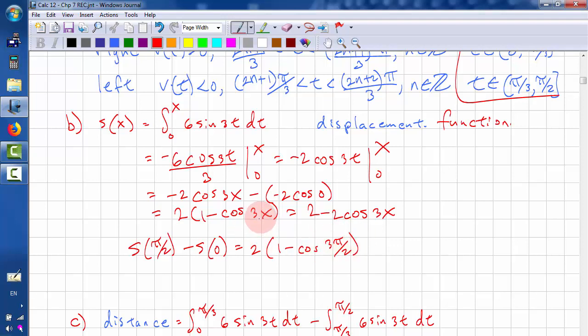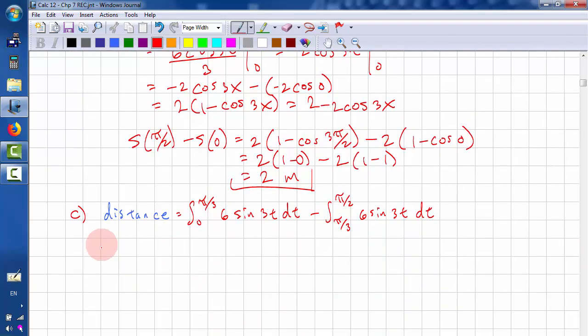Remember, we're doing 3x, 3 times pi over 2, minus 2 times 1 minus cos 0. That's 2 times 1 minus 0, minus 2 times 1 minus 1. That's 2 meters. Please don't forget your units.